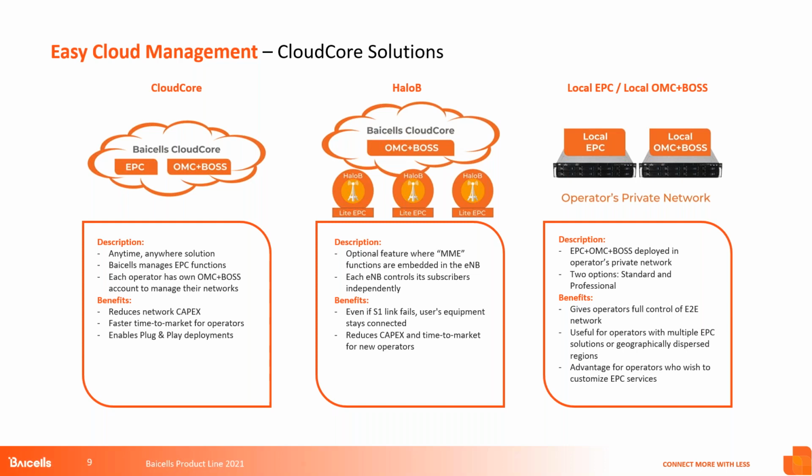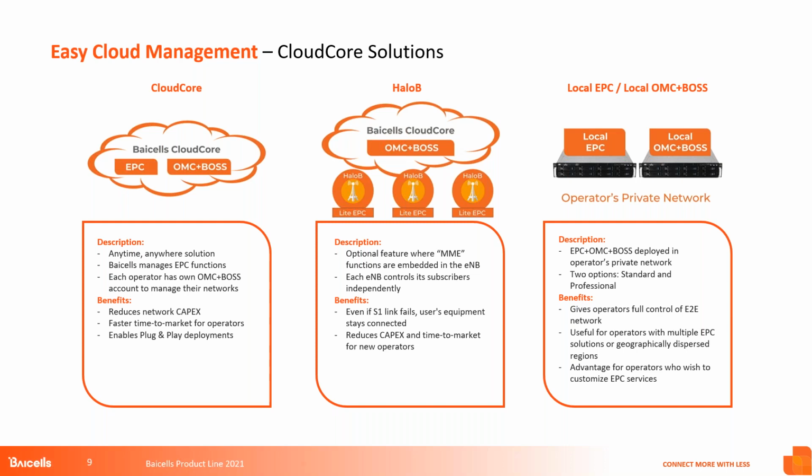This allows for simple, easy to use functionality where you don't have to make a significant investment to set up the core architecture of an LTE network. For us, we also have a second option, which goes on the radio itself, which is our Halo B option. And this adds some additional redundancy and communication links via the LTE standard, where we put some of those communications on the radio itself.